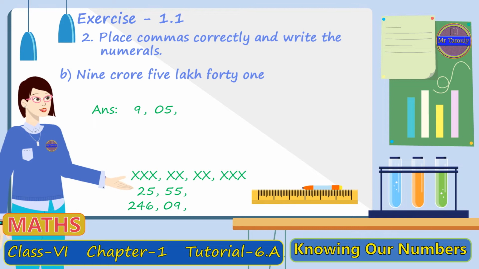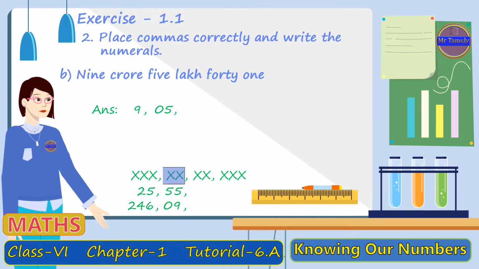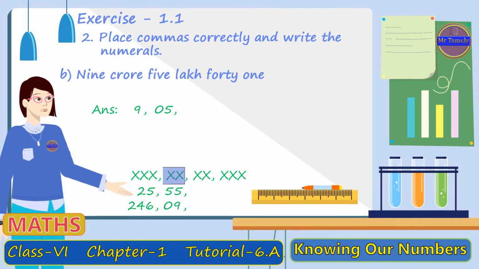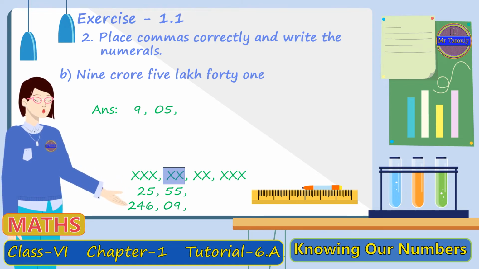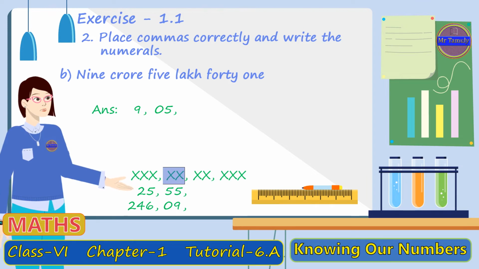The point is, after crore you must reserve 2 positions for lakh. Which is why for 9 crore 5 lakh, we have written 9, 05.